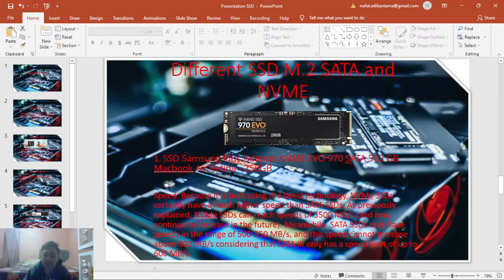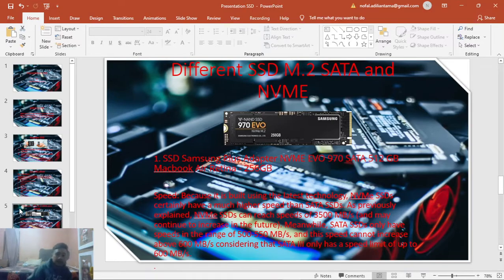Meanwhile, SATA SSDs only have speeds in the range of 1500 to 1515 megabyte per second, and this speed cannot increase above 1600 megabyte per second, considering that SATA 3 only has a speed limit of up to 600 megabyte per second.